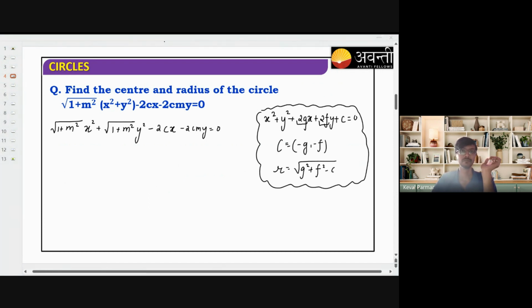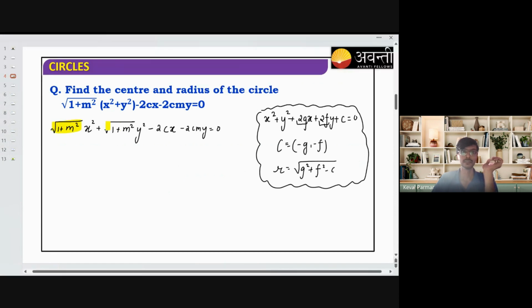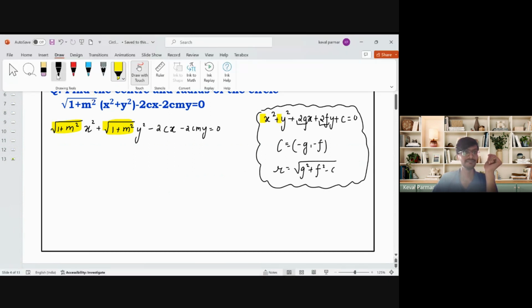But remember, before doing that, the main thing is that the coefficients of x square and y square should be 1. So before this, we need to divide by root of 1 plus m square throughout.